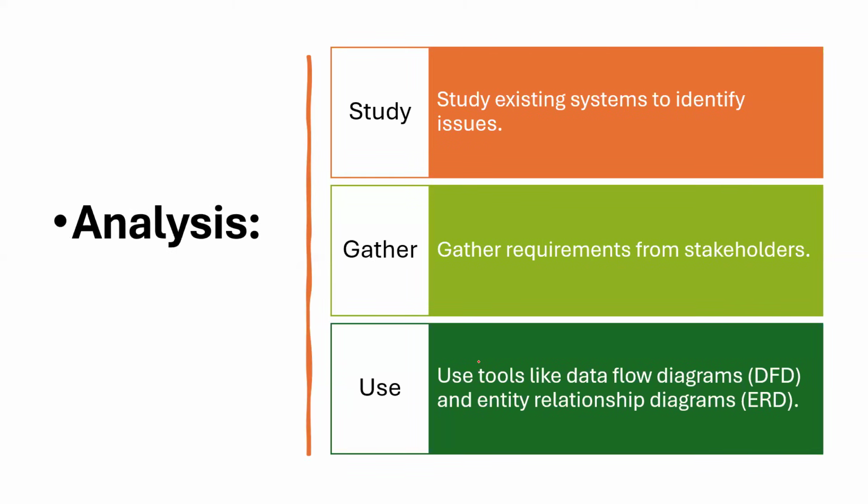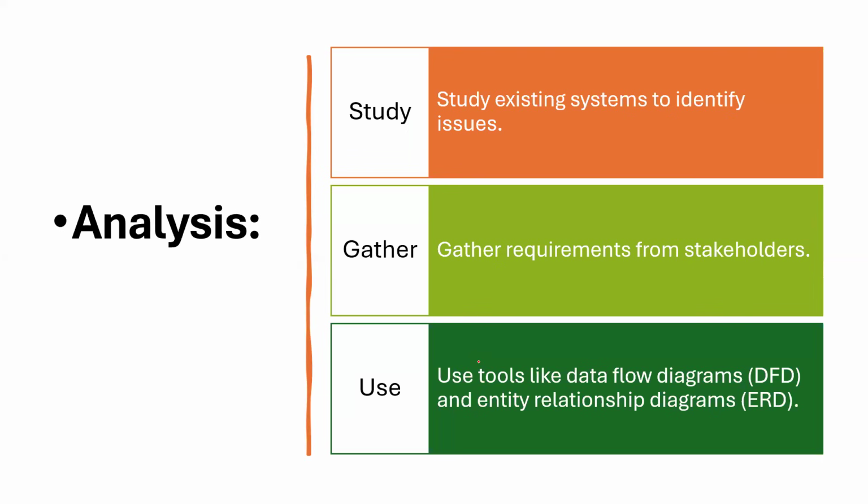The analysis stage actually talks about studying the existing system to identify issues. Maybe there's an existing system or an existing organization. You have to study it to identify the current issues. After doing that, you gather requirements from stakeholders. Okay.